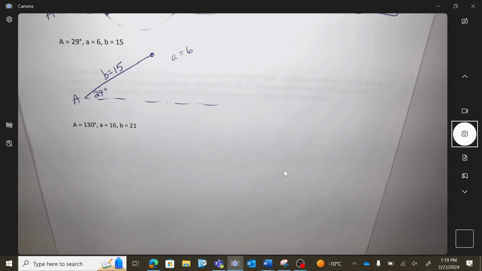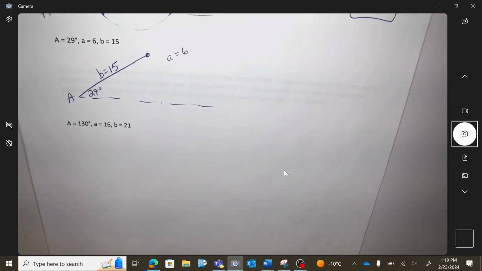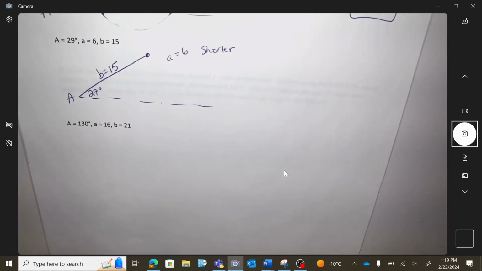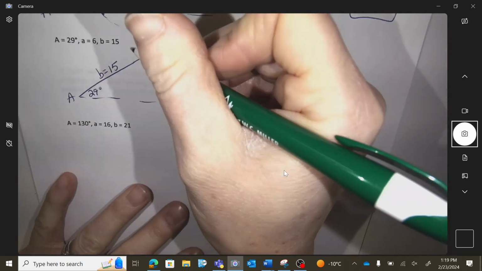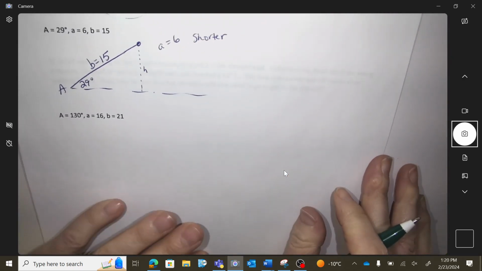Okay, so there's the locations. A is across and 15 is beside. What do you see with 6 compared to 15? Shorter, longer, what? Shorter, so we don't have an answer. So that means I'm going to have to figure out the height.